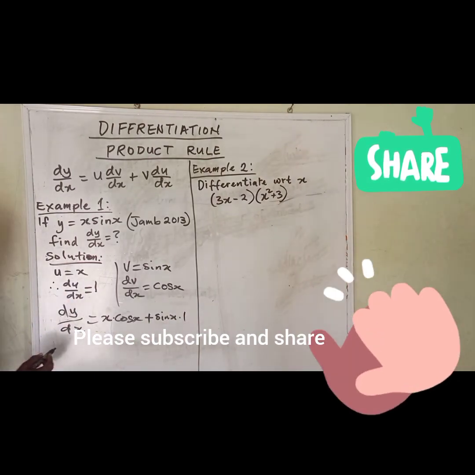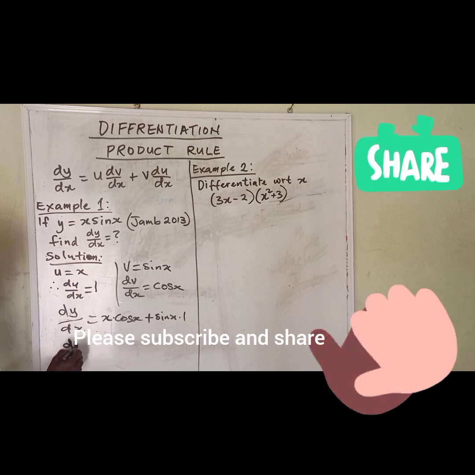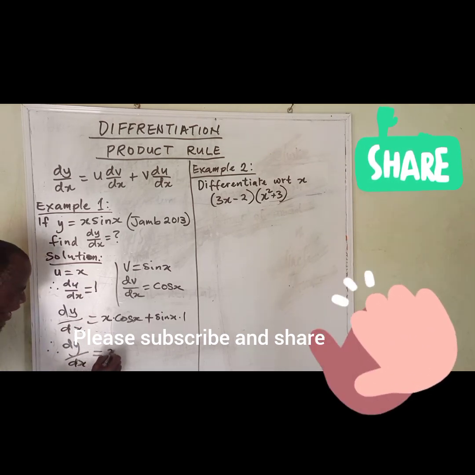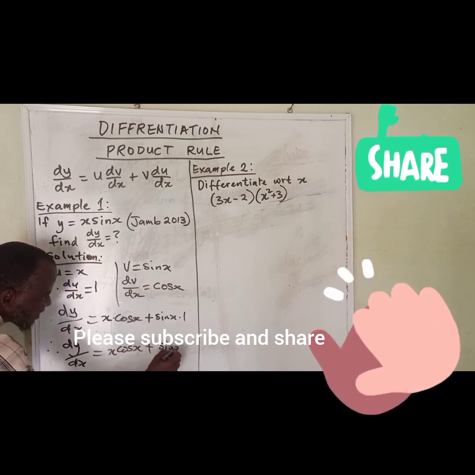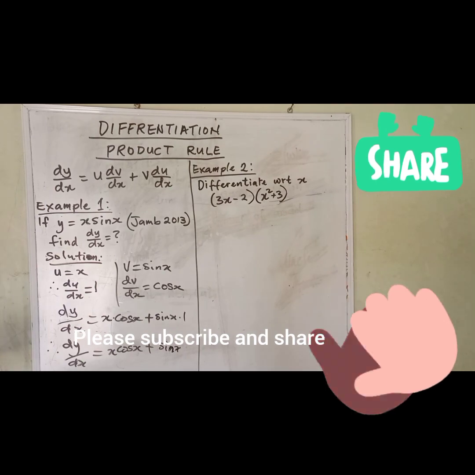That's all, as simple as ABC. So therefore, our dy/dx equals x cos x plus sin x. When one multiplies sin x, it becomes sin x. That is the answer.